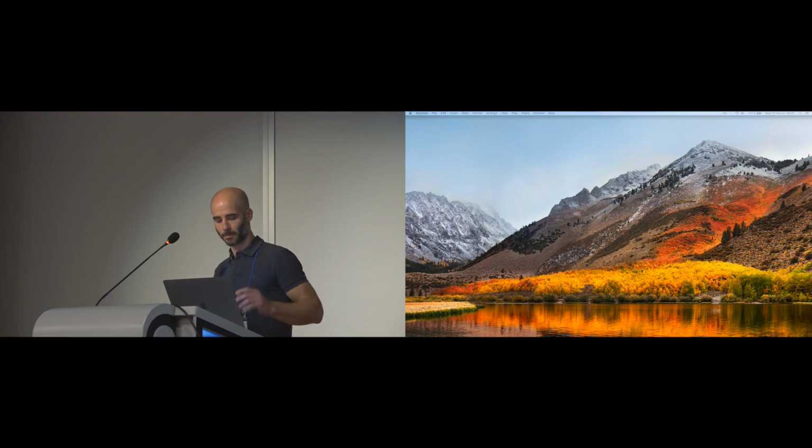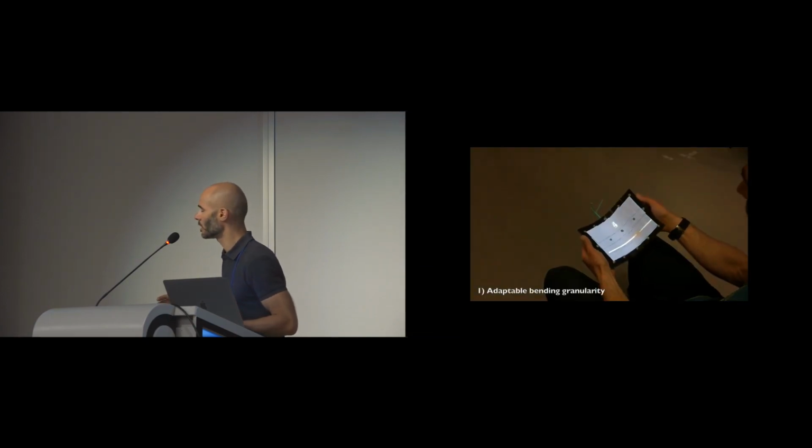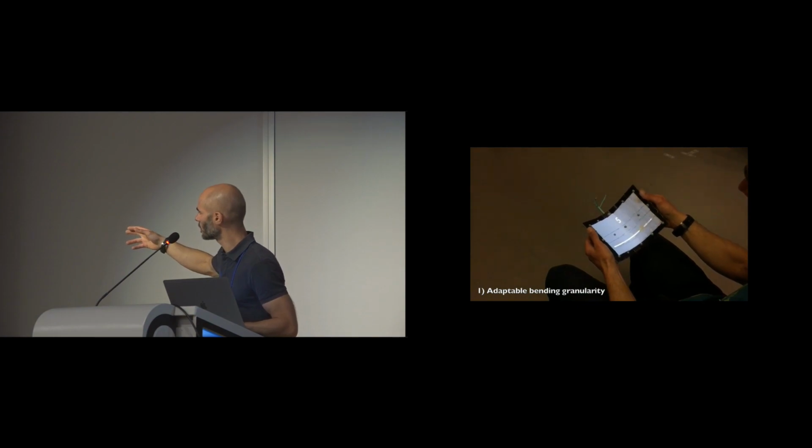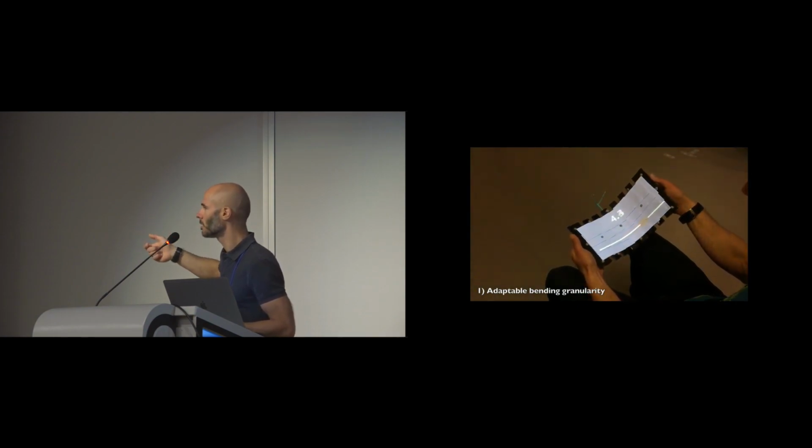So you are talking about the application we could have with this. For now I can show you a very small video about some first investigations. It's for future work, but we try to investigate the bending resolution you could have depending on the expansion.